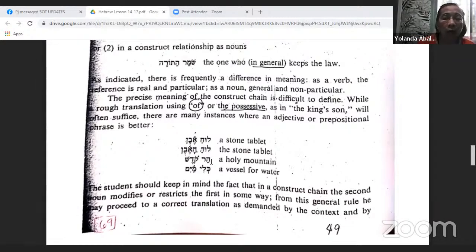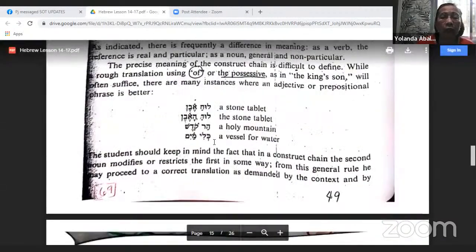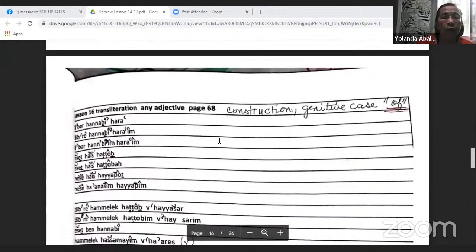Then we have Har Kodesh. Har, mountain, kodesh, holy. So Har Kodesh, a holy mountain. Kli mayim, a vessel for water. Yan. Vessel, pwede mo sabihin a jug, a jar for water.